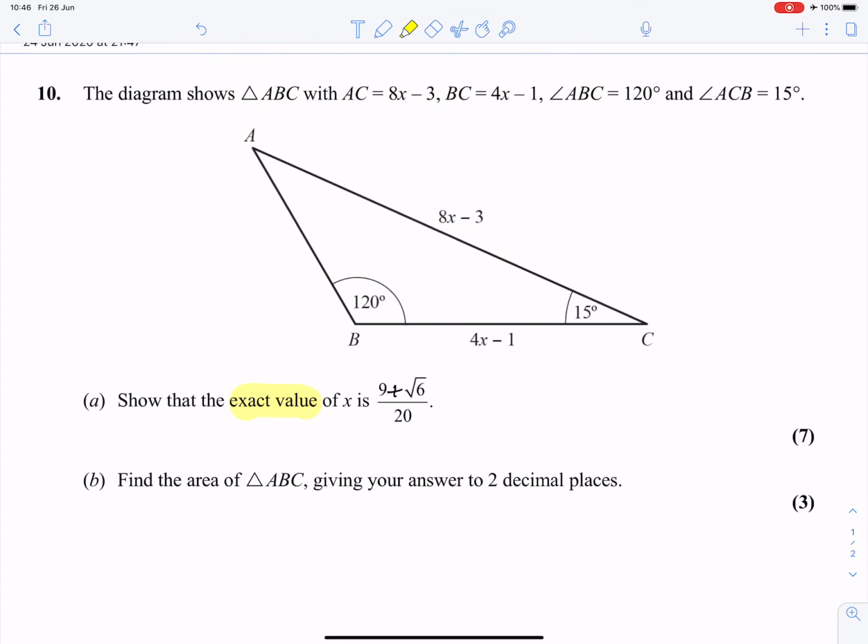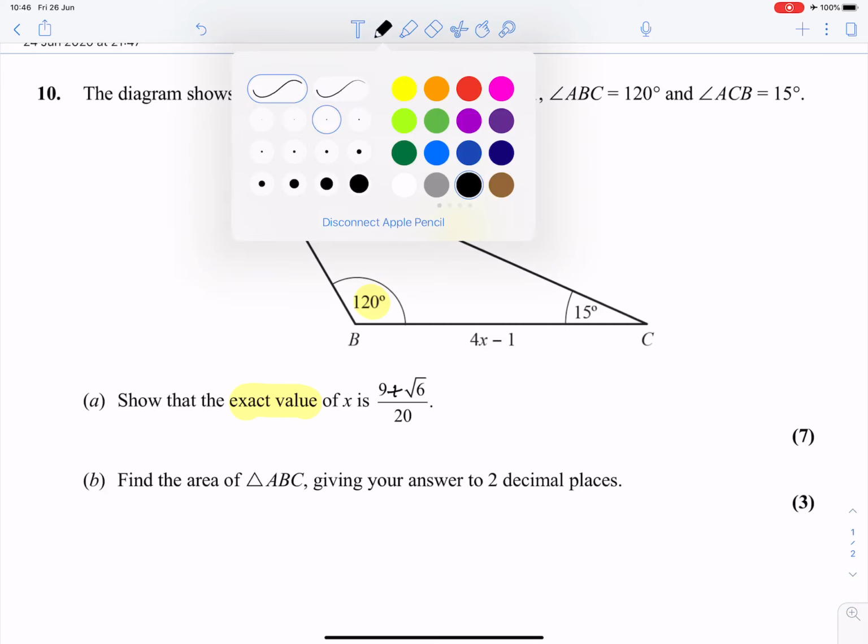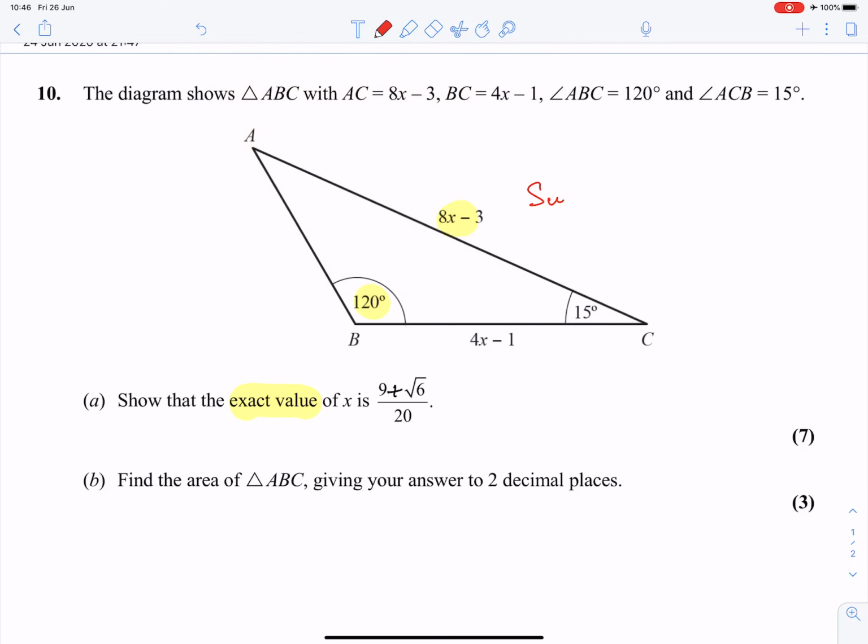Well, in the diagram we've got an angle and its opposite side. That's pointing us to using the sine rule. But we haven't got another pair, angle and opposite side. So because we've been given two angles, we can work out the third angle. 120 plus 15 is 135.